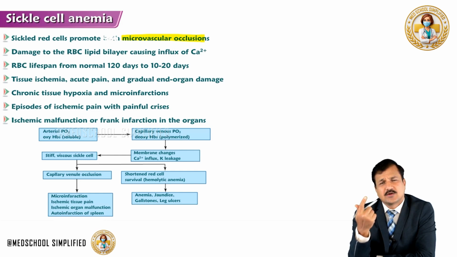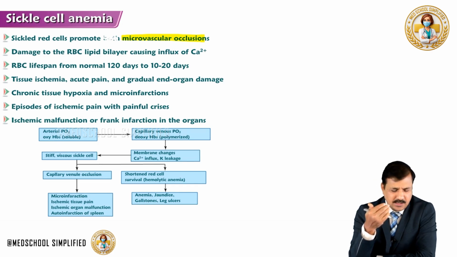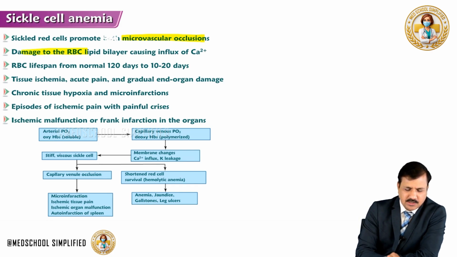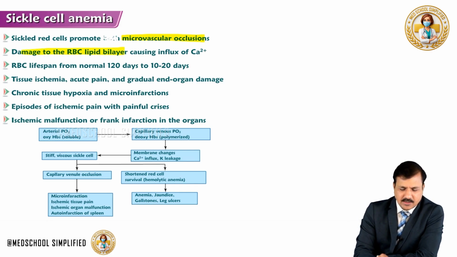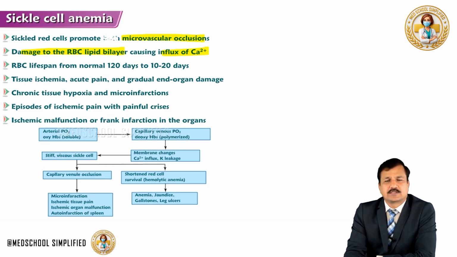and when the red blood cell goes to the lungs where oxygenation is going on, there will be a depolymerization process. This repeated polymerization and depolymerization and alteration in the shape of the red blood cell may lead to damage to the RBC lipid bilayer, and that causes influx of calcium.